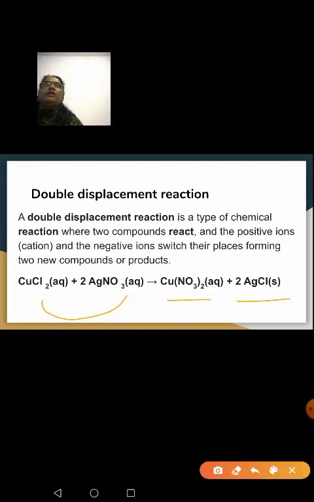Remember this form: the positive and negative ions of the compounds present on the reactant side swap their places, forming two new compounds or products, right? This is an example of a double displacement reaction.